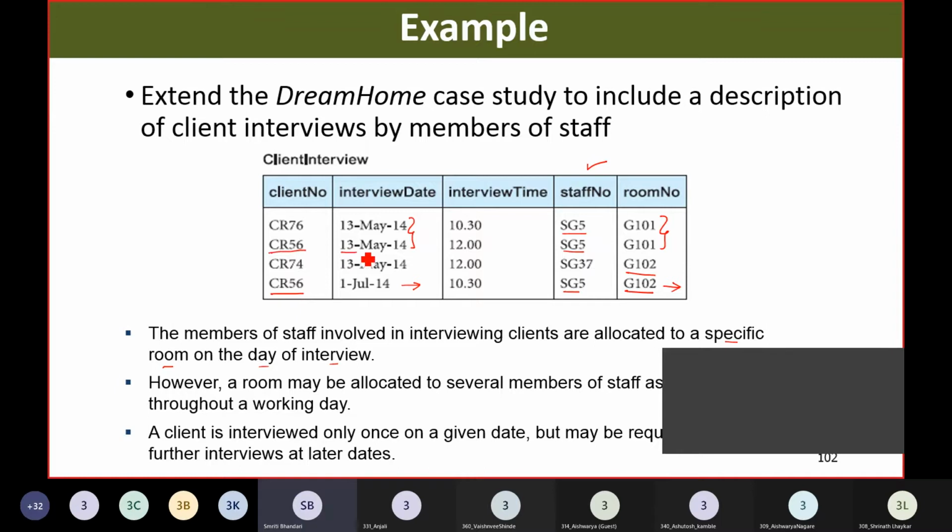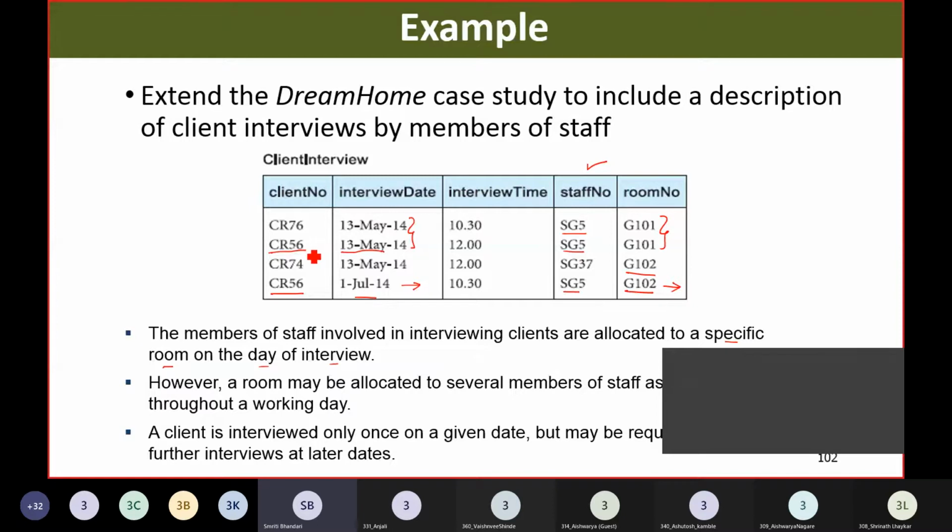On this particular date, 13th of May, this particular client will appear for interview only once on the given date. But for the same client, it is possible that a few more interviews are scheduled on different dates. So for the same client CR56, we have one more interview scheduled here on 1st of July.